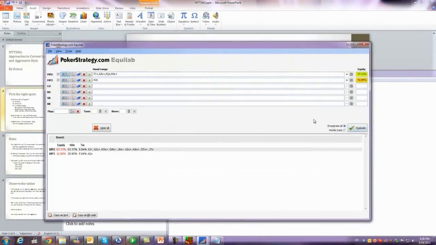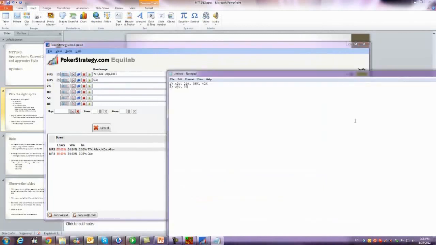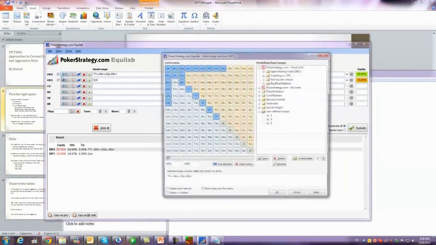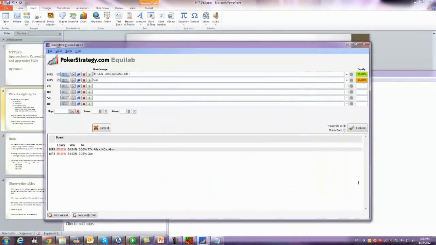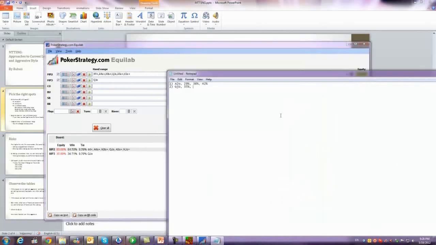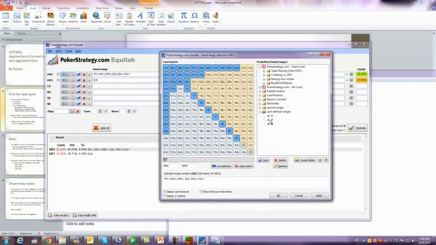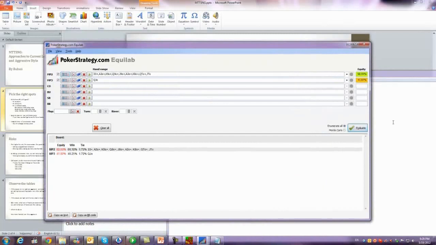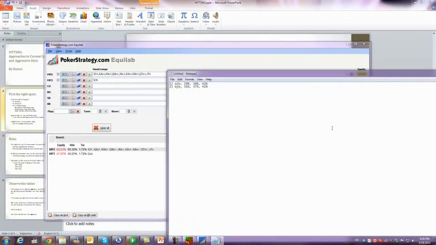Okay. Second, we're going to try queen jack off. Against the first, it's 35%. Against the second, it's 37%. Against the third, 42%. Okay. Third, we're going to try jack 3 off.